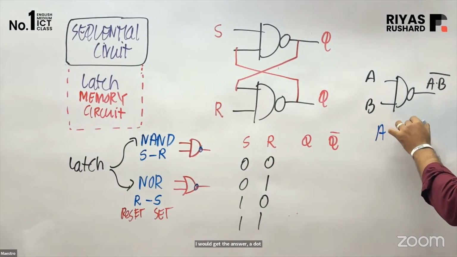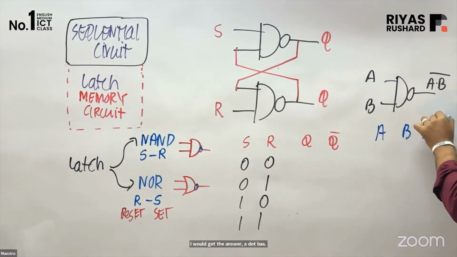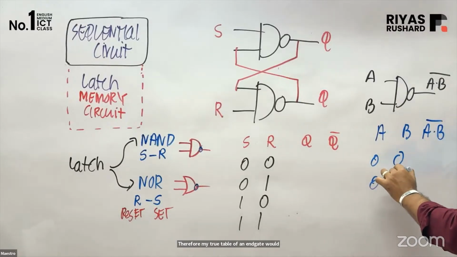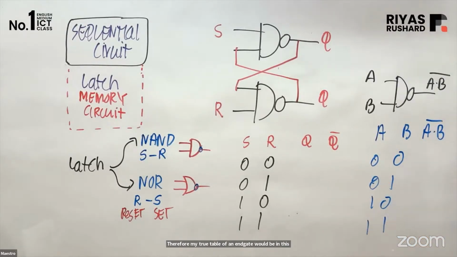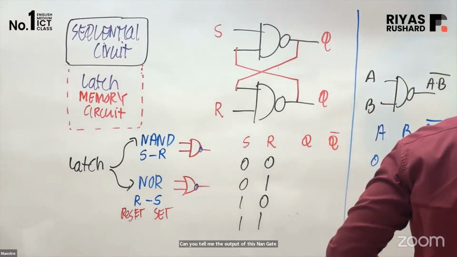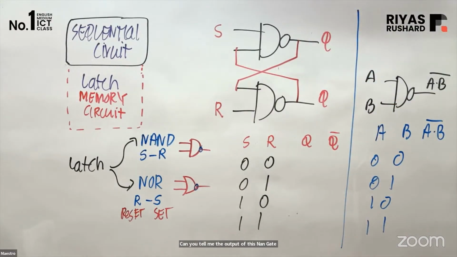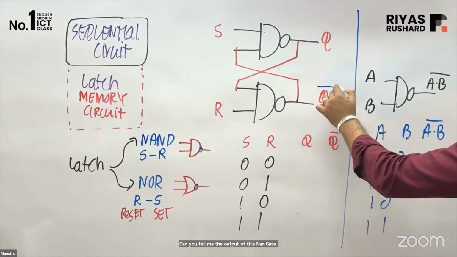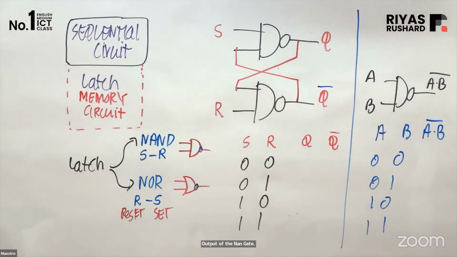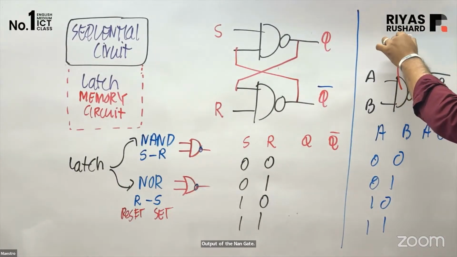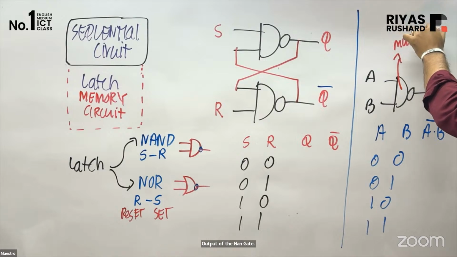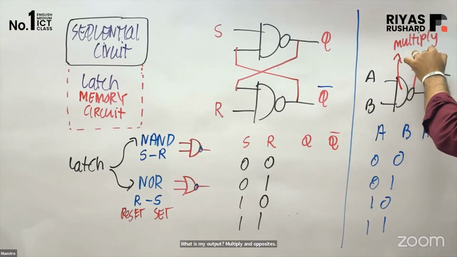Therefore, the truth table of an AND gate would be in this form: 0 0, 0 1, 1 0, 1 1. Can you tell me the output of this NAND gate? What is my output? Multiply and take the opposite.